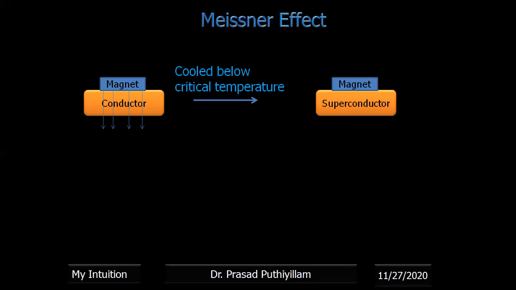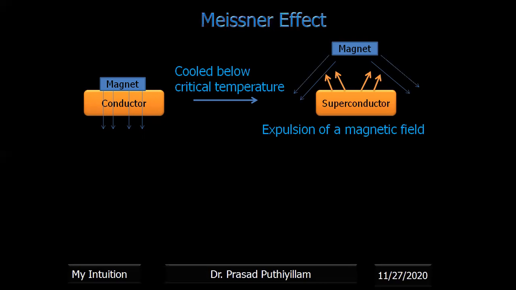Then, just like a magic effect, you can see that the magnet will be levitated, moving to a certain height, because the magnetic field cannot penetrate through the superconductor, or I can say expulsion of the magnetic field takes place. Because of that, we call it magnetic levitation.